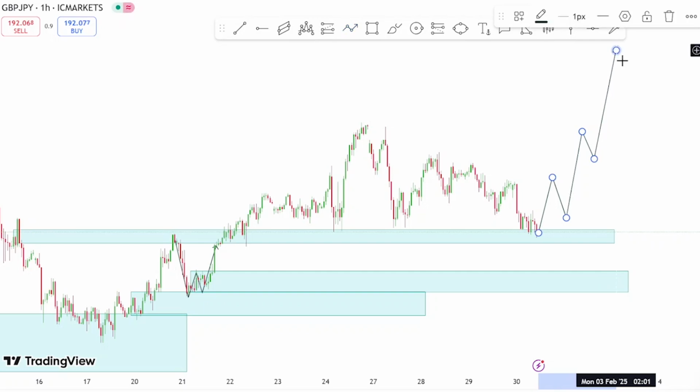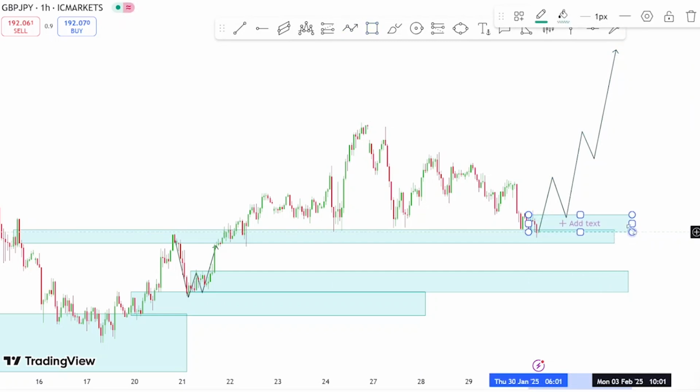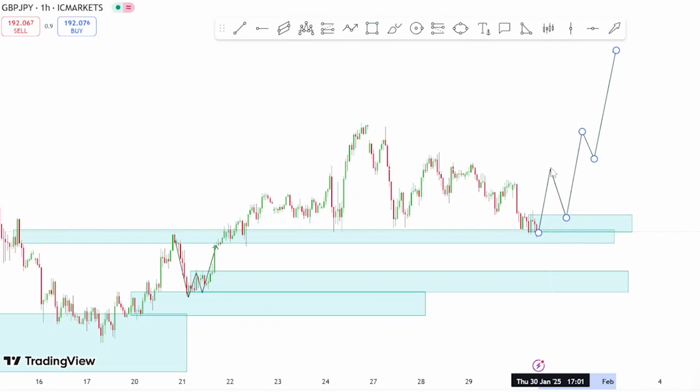So these are the areas to be entering from. If we break above that area and we start making higher highs and higher lows, that's where we are going to be entering from, looking for buy from this area.